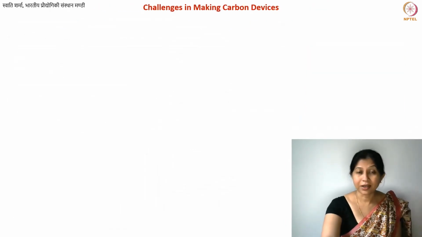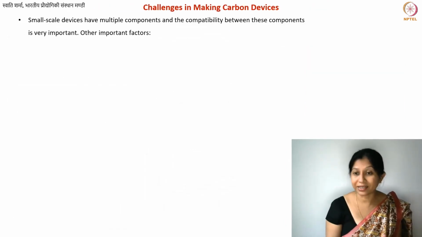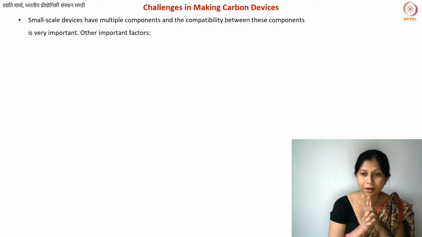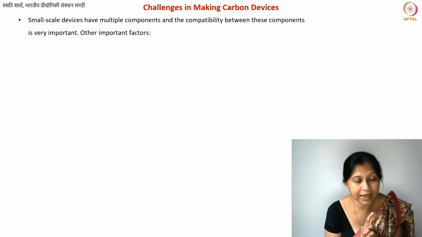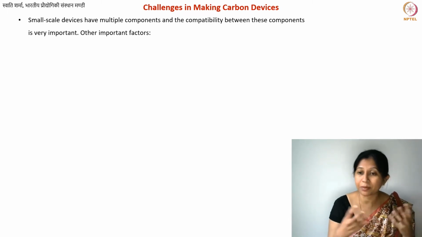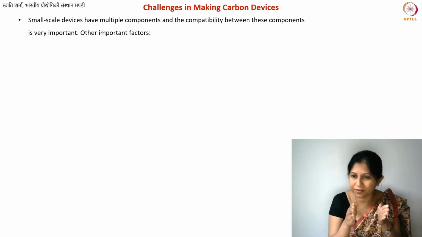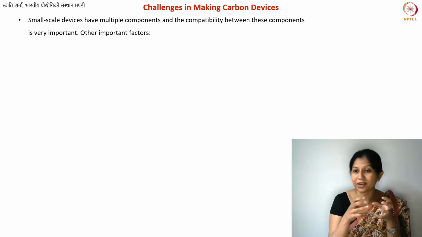Now let us talk about some primary challenges when it comes to carbon-based micro and nanoscale devices. Not just for carbon, but for all small-scale devices, since you're using multiple components in a very small area, the footprint is very small.